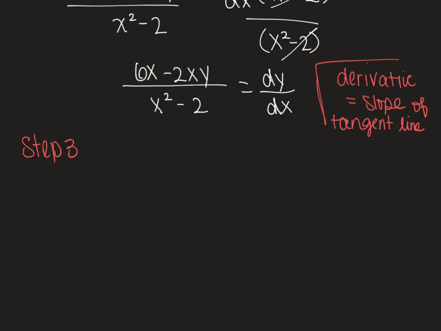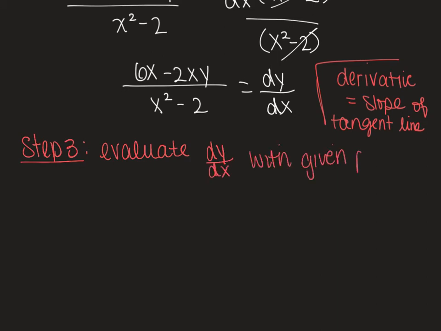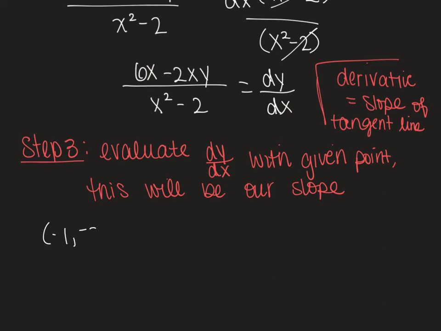Step 3, evaluate dy dx with the given point. This will be our slope. So our point was -1, -3.